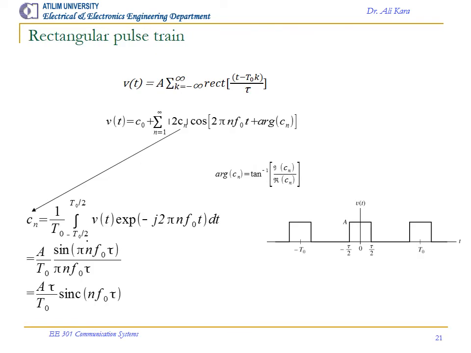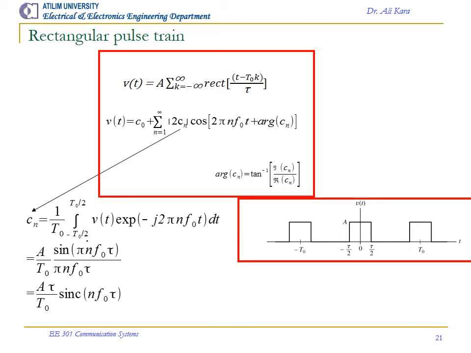Rectangular pulse train. Remember from previous slides how we decomposed a periodic signal and showed it as a Fourier series. For the real signal case, the idea was to find the relevant coefficients Cn and sum them after multiplying with the corresponding cosine function. Now, consider the rectangular pulse train as the signal to be represented in Fourier series.